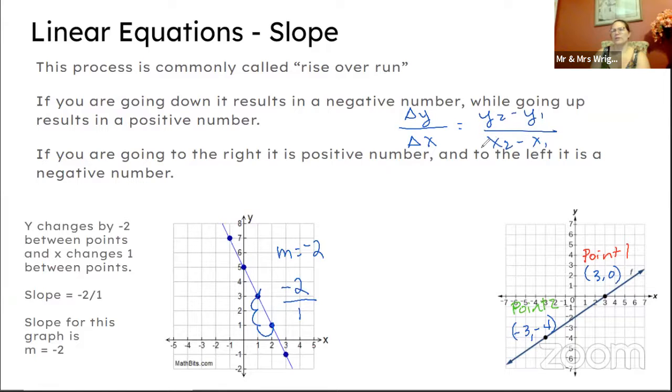That's the general way you're going to see it written, one of these two ways. It's also known as rise over run. Rise over run is when we count it out like that instead of using the formula. All right, so y2 minus y1. I called this point 2. So I want to look at point 2. I'm going to look at the y in point 2, which happens to be negative 4.